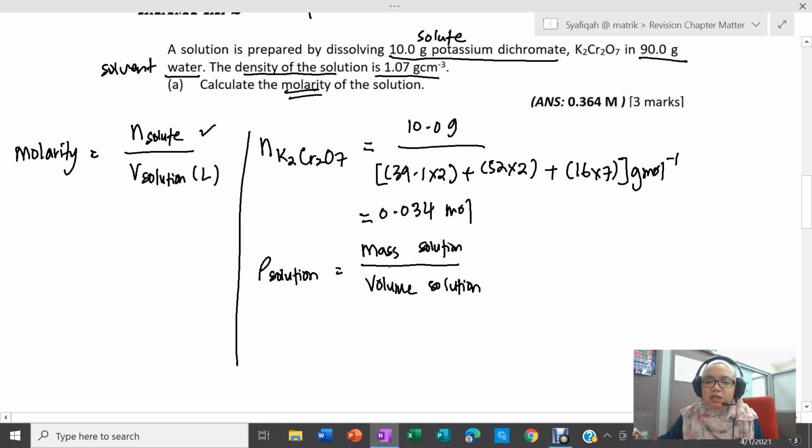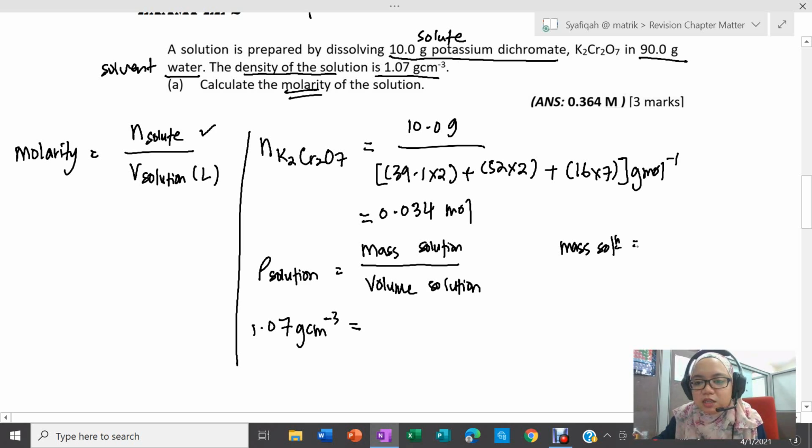Okay. So, kita tahu density solution is 1.07 gram per centimeter cube. Okay, mass solution nak dapat daripada mana? Okay. So, mass solution boleh cari kat sini.